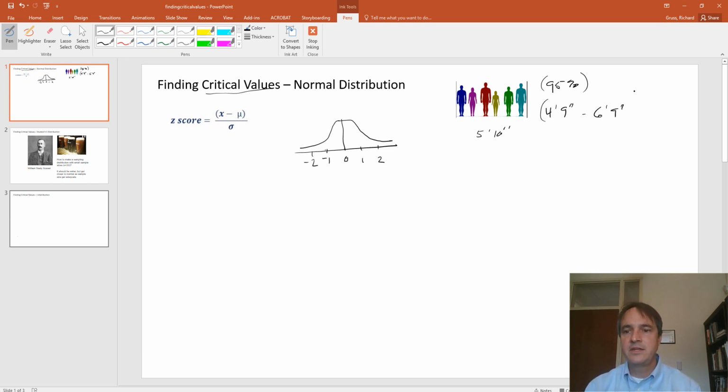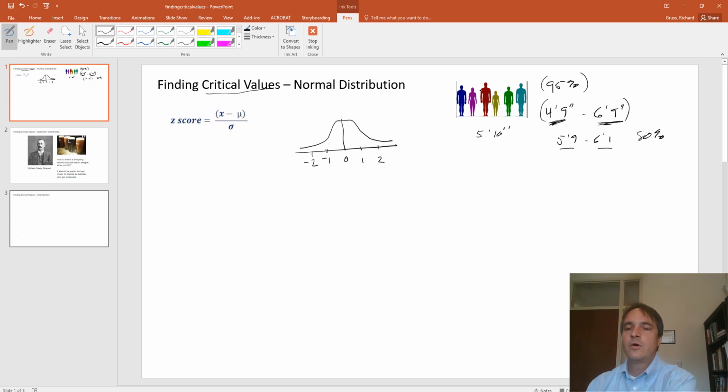But I know that this range would contain a large number of people. Whereas if I were to say 5'9" up to 6'1", this would not contain 95% of people. This might only contain 80% of people. So these values here are expressed in raw scores, but they are critical values on a certain height distribution. We can see that 95% of people would be between these two values, and 80% of people would be between these two values.